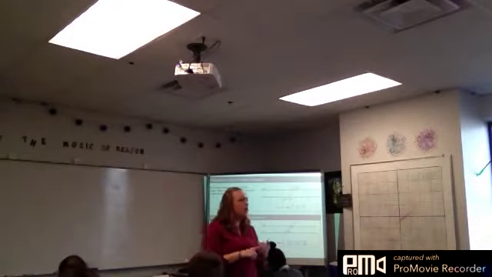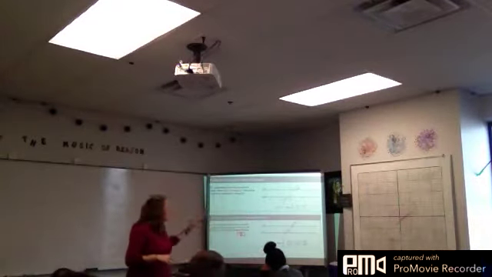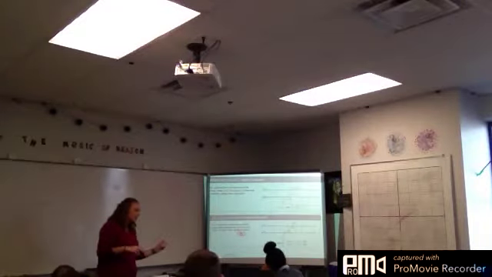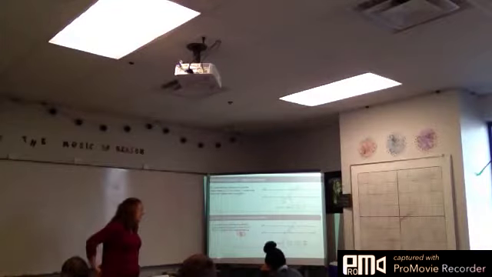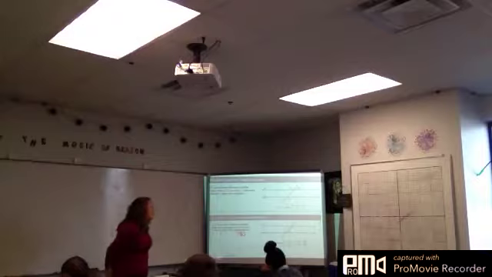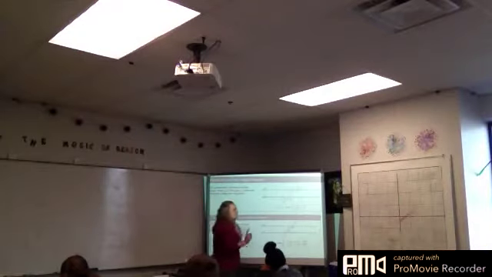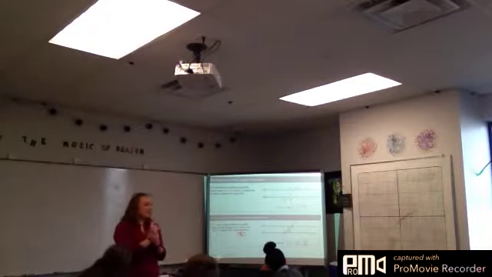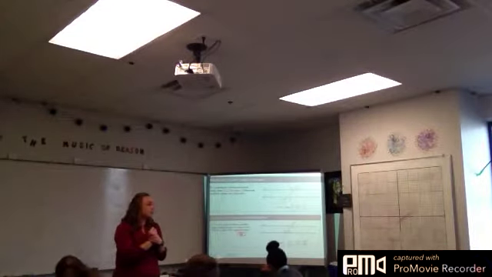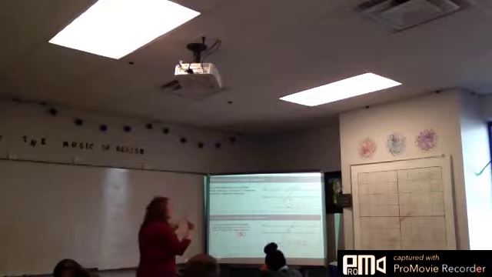If I know that A is 22, what does that make C? Yes, 78. If C is 78, what does that make B? 78, because of two things.